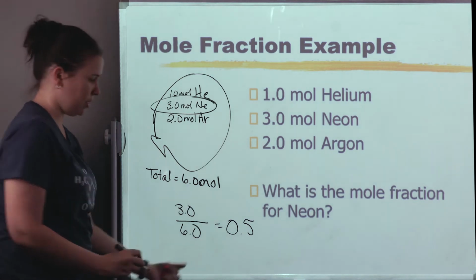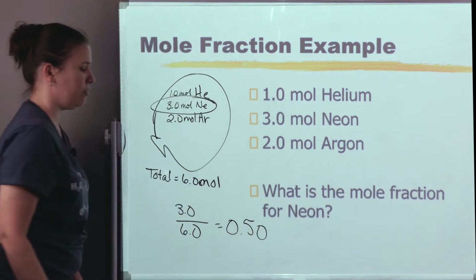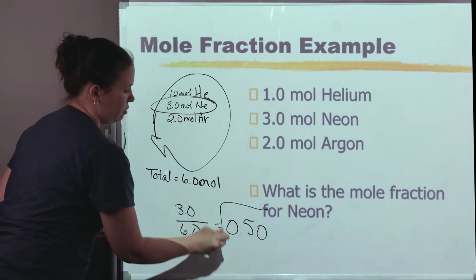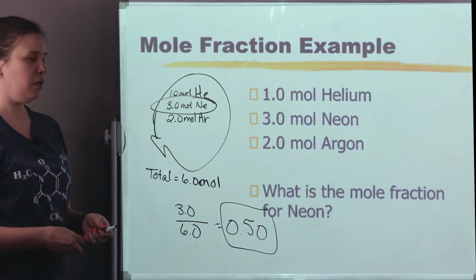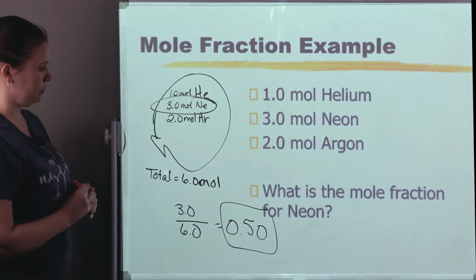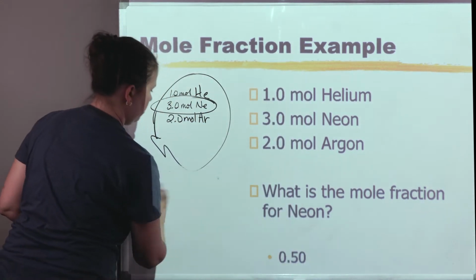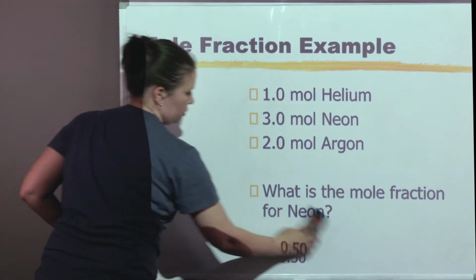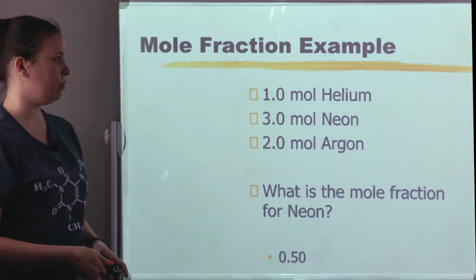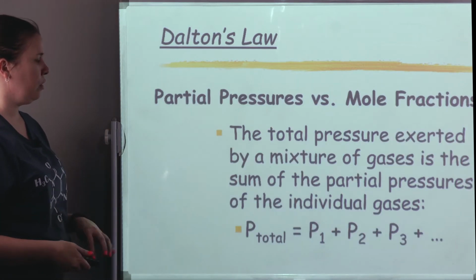But notice that each of these had 2 sig figs, so let's go 0.50. So 0.50 would be the correct mole fraction for neon in this example. So we're just doing parts of a whole, but not a percent.